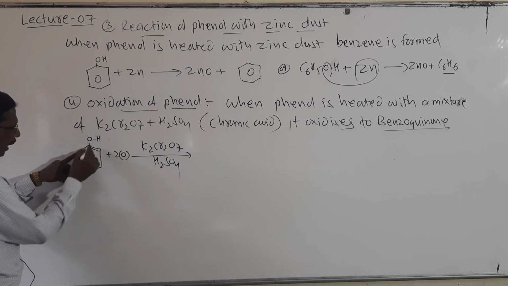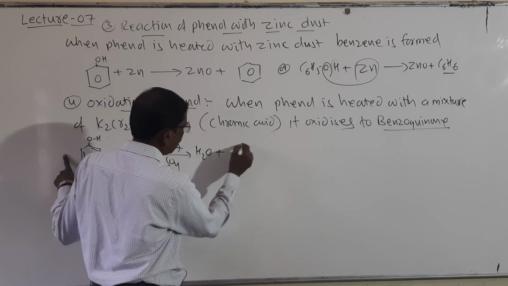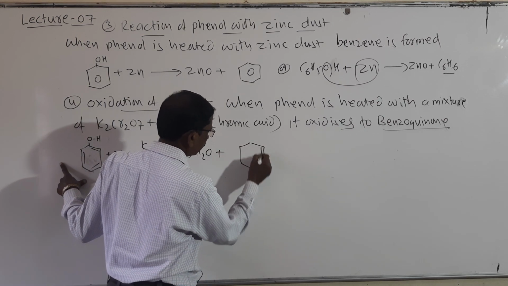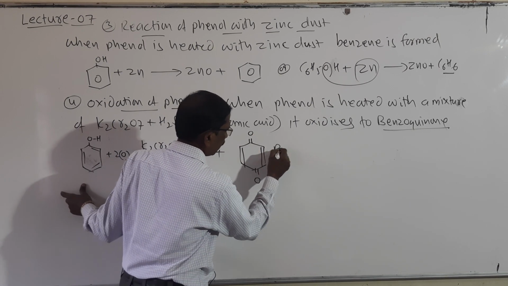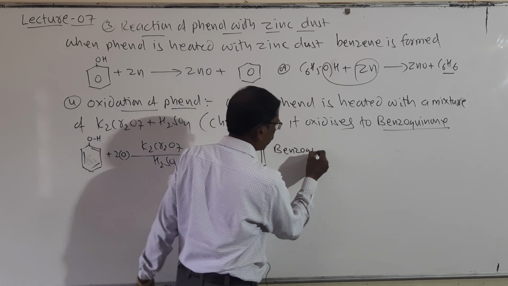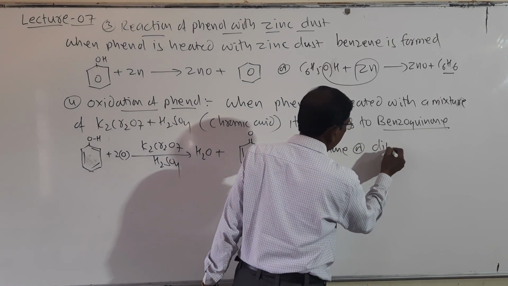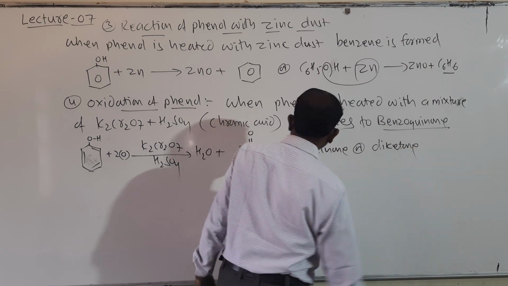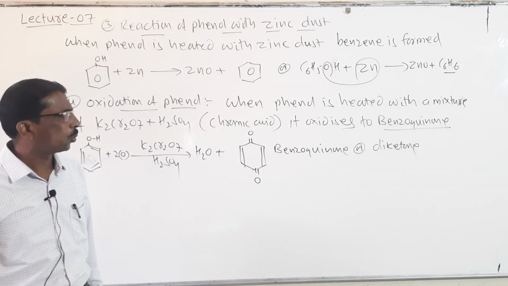Look here, 1 H is removed here, 1 H is removed here, and it forms H2O plus it forms benzoquinone, or it is also called as diketone.